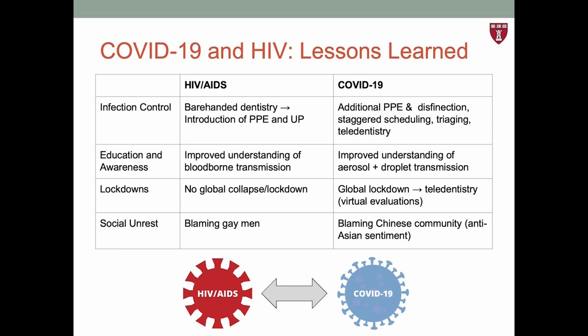But pandemics can also give rise to social profiling and discrimination. Just as COVID-19 sparked anti-Asian sentiment and hate crimes, HIV sparked homophobia and violence against gay and bisexual men, who, even now, still face prejudice when accessing oral health care.